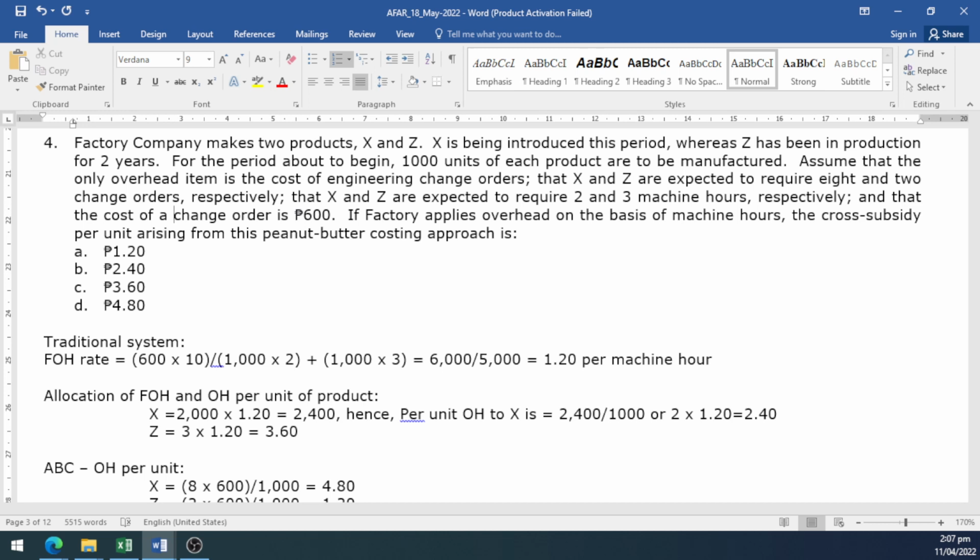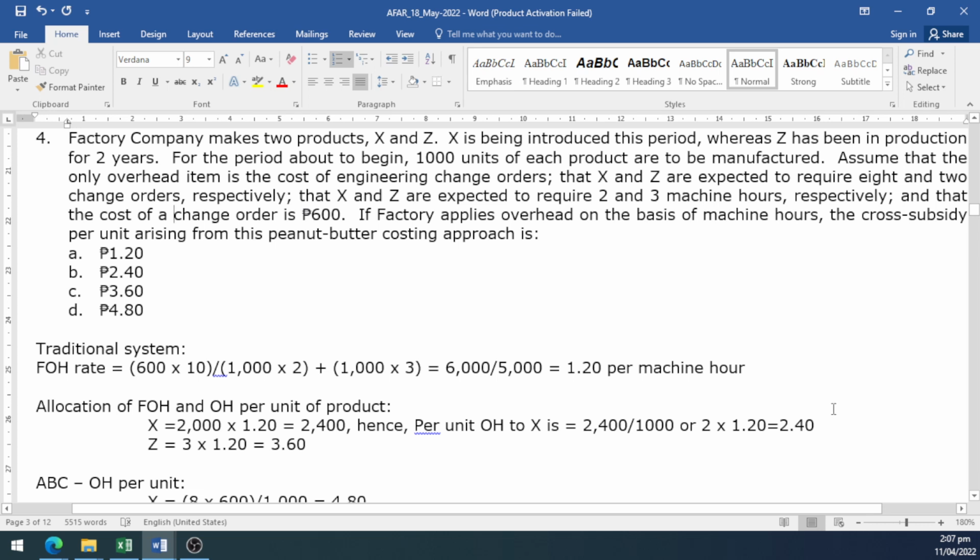So total machine hours will be 1,000 times 2 plus 1,000 times 3 or 5,000. So 6,000 over 5,000, the overhead rate under traditional system is 1.2. 1.2 per machine hour.